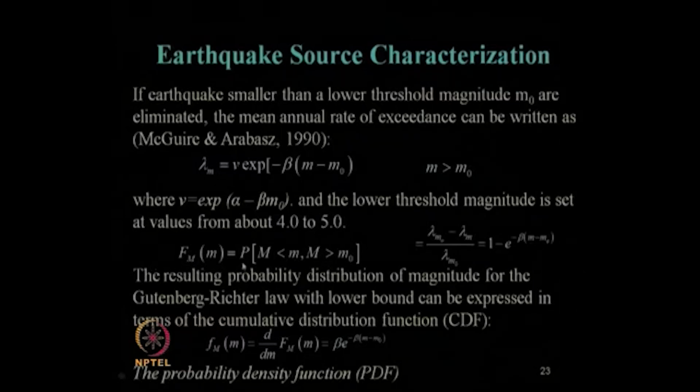It is nothing but the probability of occurrence of an event, for example, let us say a magnitude 8 earthquake. We are going to design our site for a future structure which has to withstand earthquake magnitude, let us say maximum value of 8, and our threshold value, let us say it is 4.5. So, it will be that probability of occurrence of magnitude which will be less than 8, but that magnitude has to be more than that 4.5. That is what it says, right. We are clear about this probability.